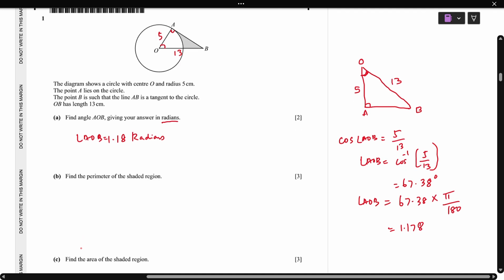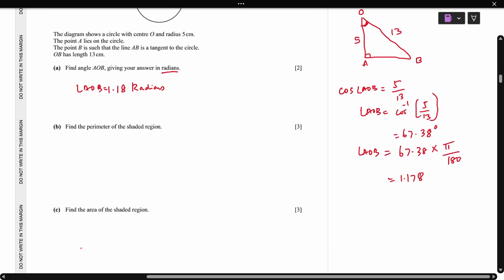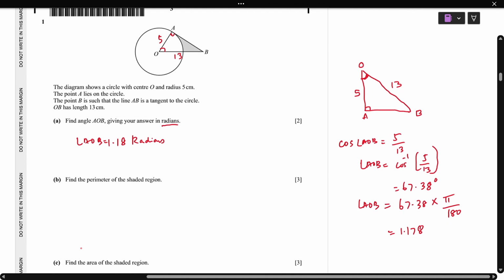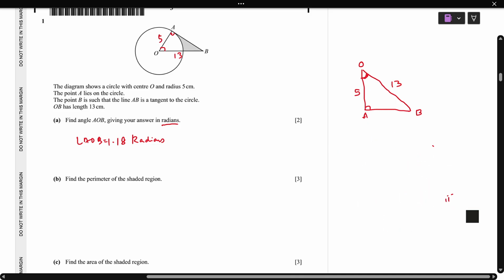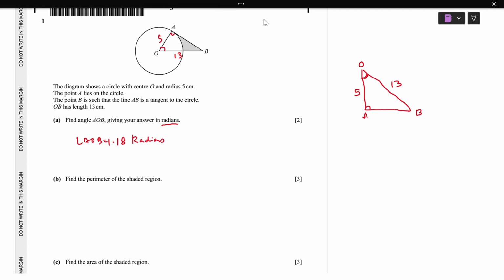Okay, so next question: find the perimeter of the shaded region. The shaded region, I'll erase this and draw the figure. So here there is a curve and here, that's it.